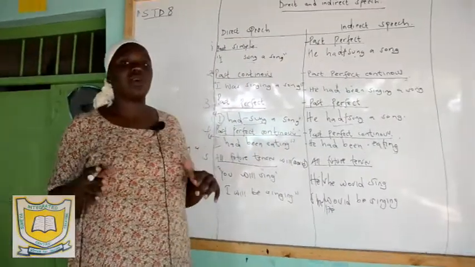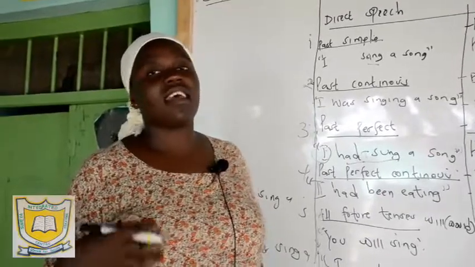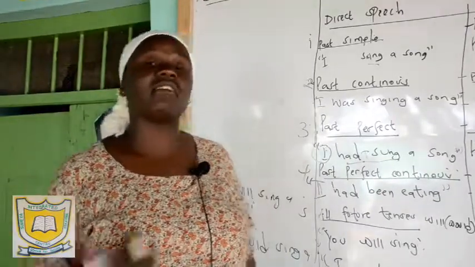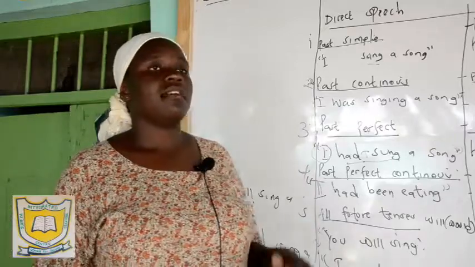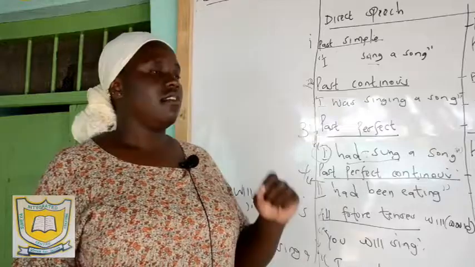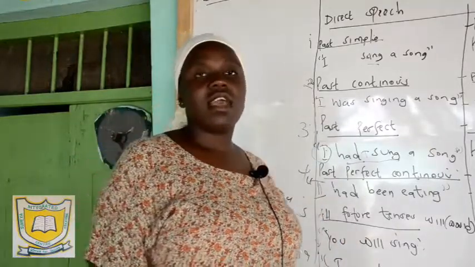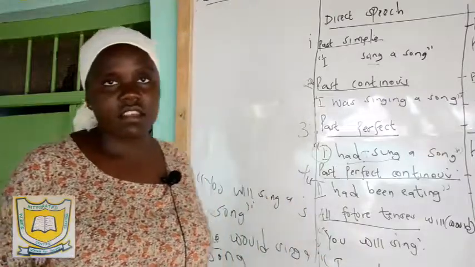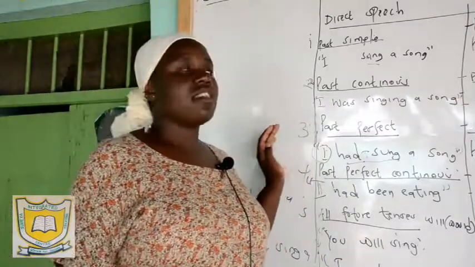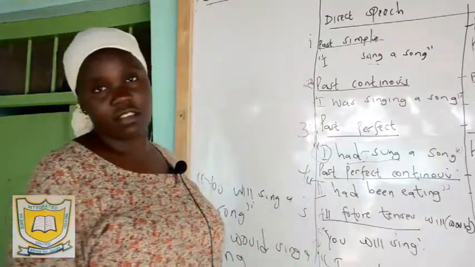You just make sure you can identify the sentence. Look at the sentence and identify in which tense it lies. Is it the present continuous or the past continuous? Is it the present perfect continuous or the past perfect continuous? Is this my future simple tense? So that when you are asked to change the sentence from the direct speech to the indirect, you are in a position to change.